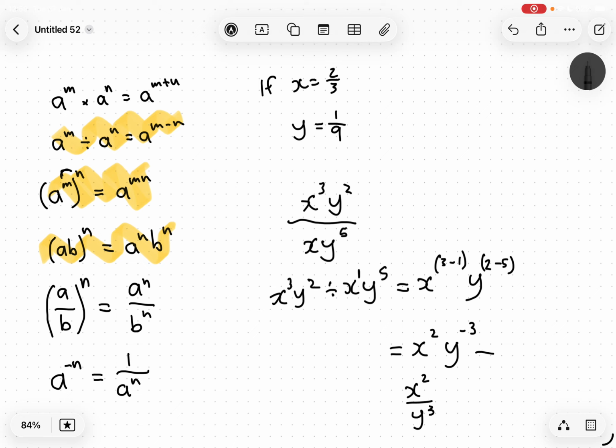Because we take this, and that's x squared times 1 on y cubed, because of this one here. And then we just put that x squared up the top, because we can times it up there. So that's what it equals, and then we're going to do 2 on 3 squared divided by 1 on 9 cubed.